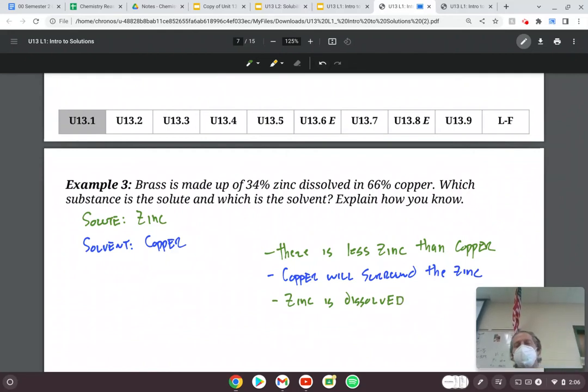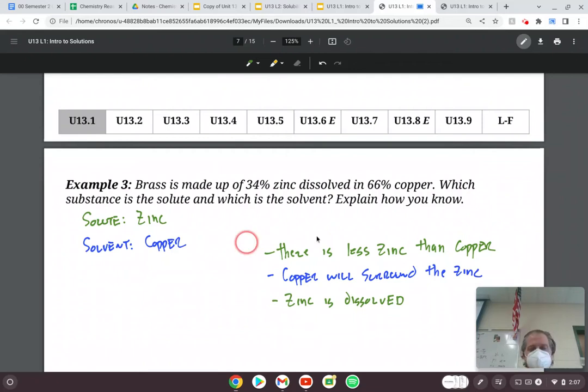So that's how that one works. The big hint here is that we're giving it to you in the ratio of like 34% to 66%. Usually the one that's in smaller amount is going to be the solute, and the one that's in larger amount is going to be the solvent.